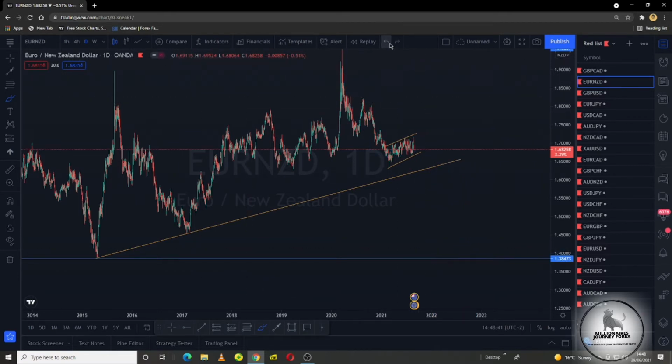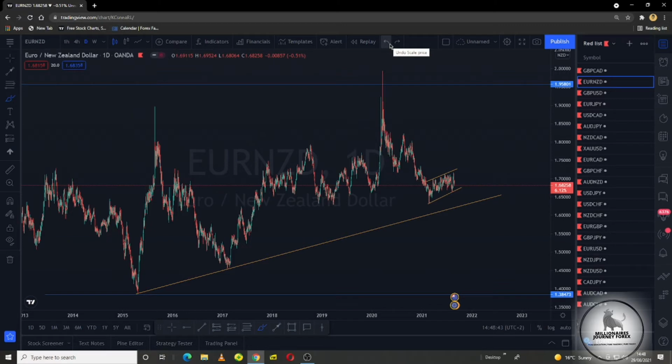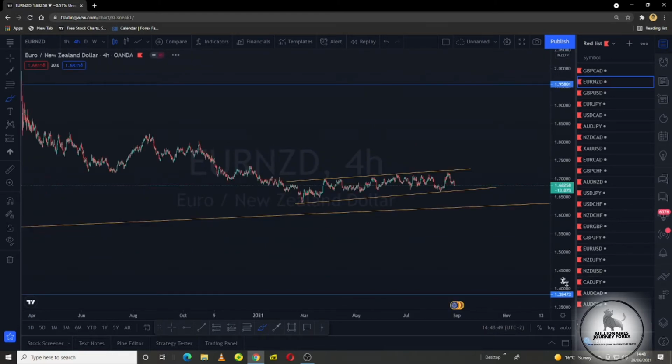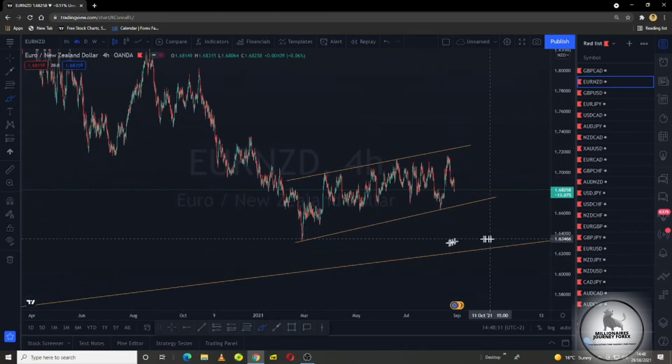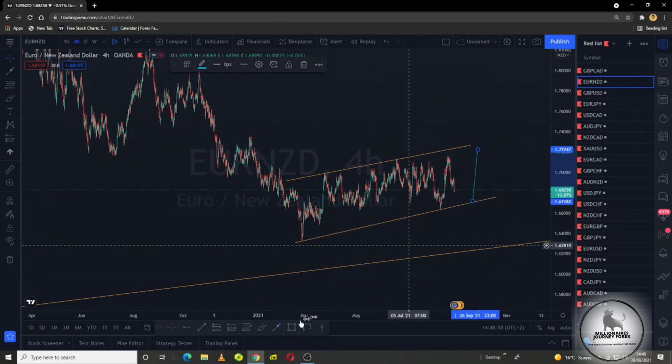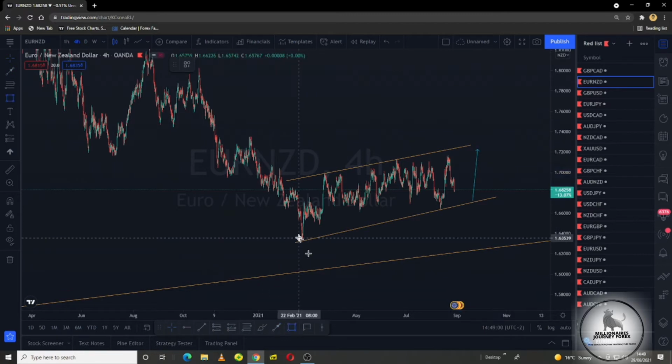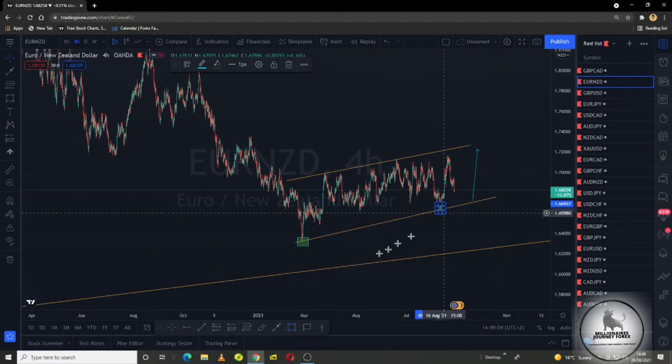You need to be extra patient if you want to trade 4-hour and daily time frame, because these patterns take time to form, and then you need to always be there, right? Another possible move on this pair is that it can come here and then push up for the last time to complete the pattern. As you can see, we have 1, right, we have 2, and then we have 3.